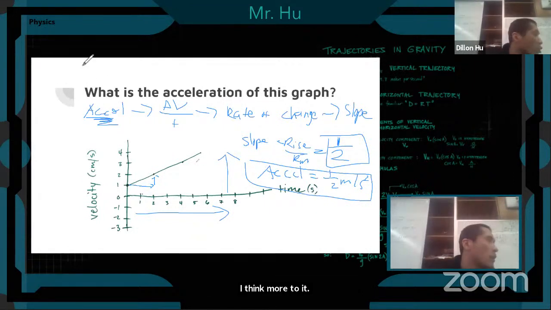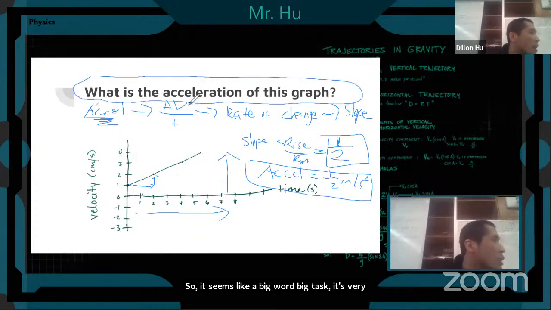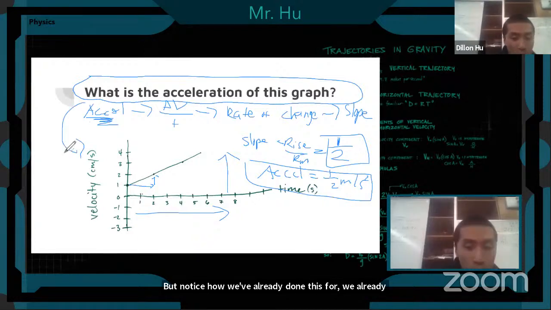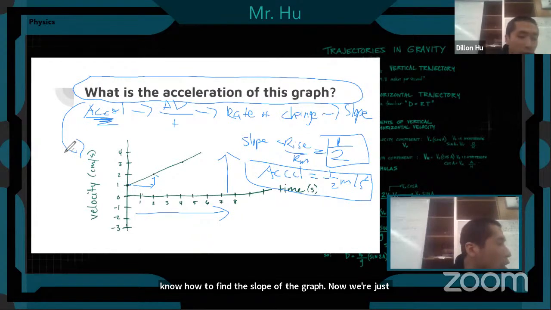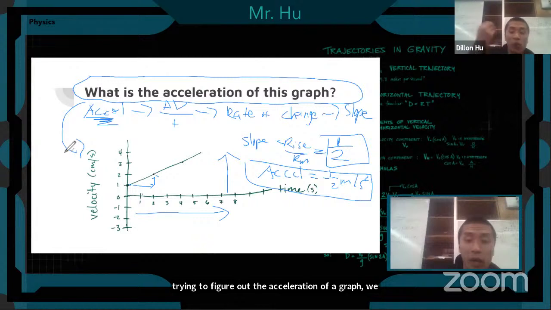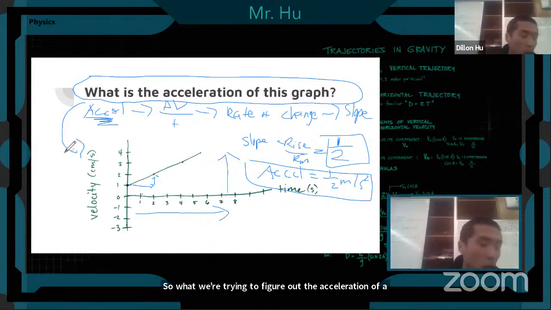So it seems like a big word, big task. It's very hard to understand what it means. But notice how we've already done this before. We already know how to find the slope of a graph. Now we're just adding a term to it. So when we're trying to figure out the acceleration of a graph, what we want to figure out is the rate of change of the velocity. How much is the velocity changing every second?